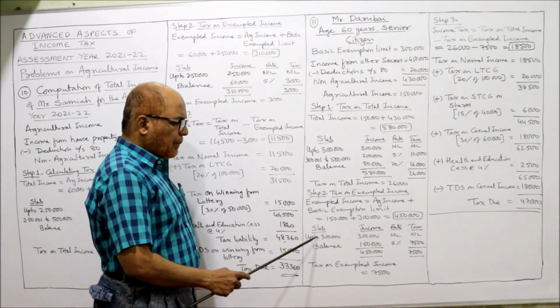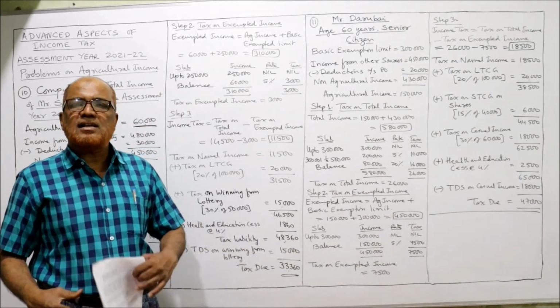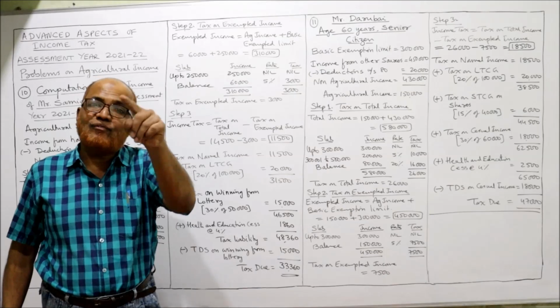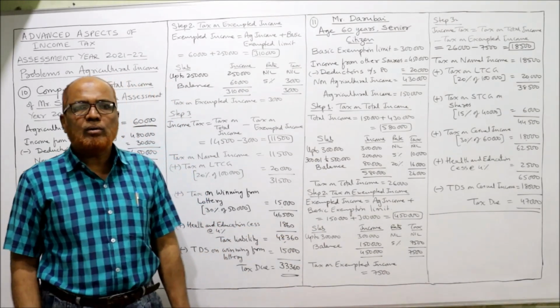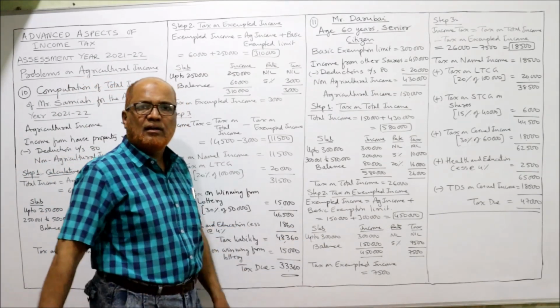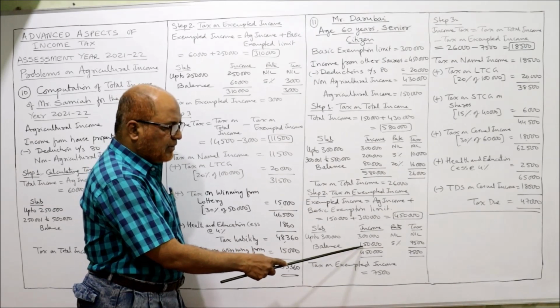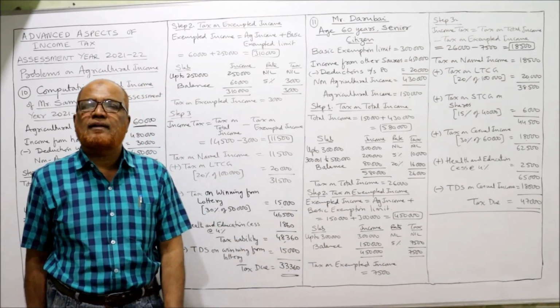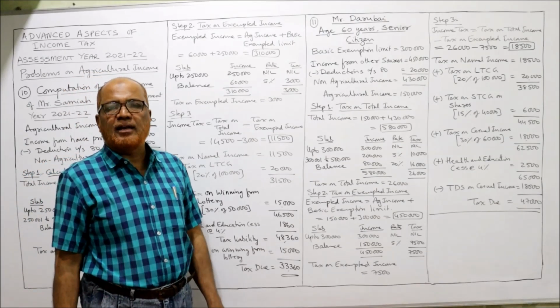Slab income rate up to 3 lakh, first 3 lakh nil, then balance, because the second slab goes from 3 lakh 1 to 5 lakh. But is our income going up to 5 lakh? No, our income is 4,50,000 only. That's why I am taking balance. So 4,50,000 minus 3 lakh, 1,50,000, at 5%, 7,500. 7,500 is the tax on exempted income.